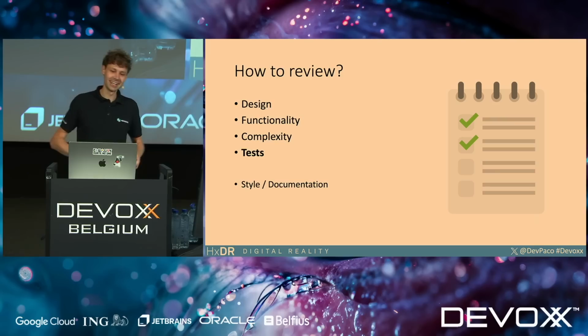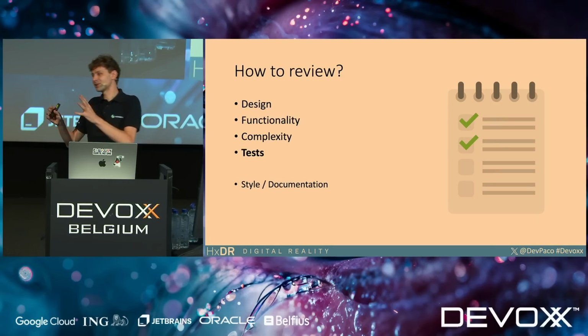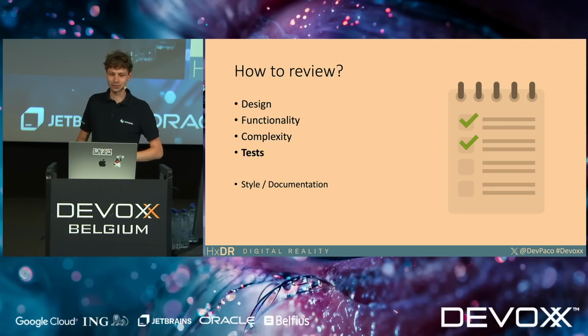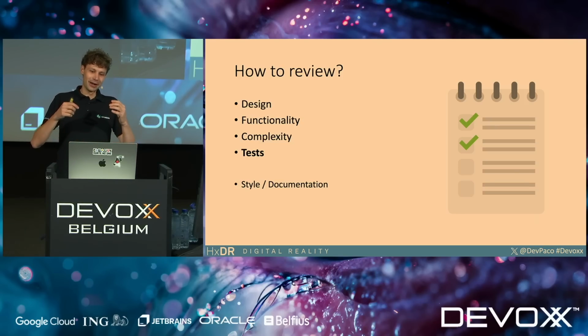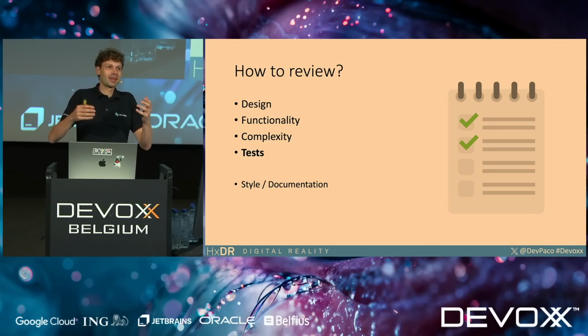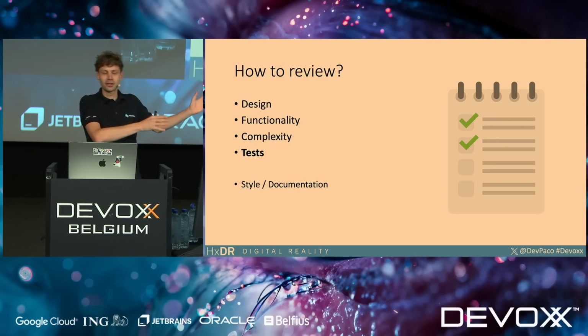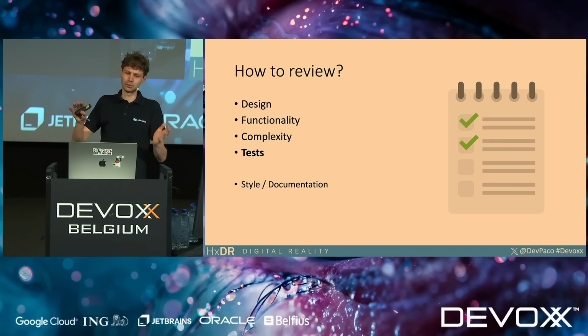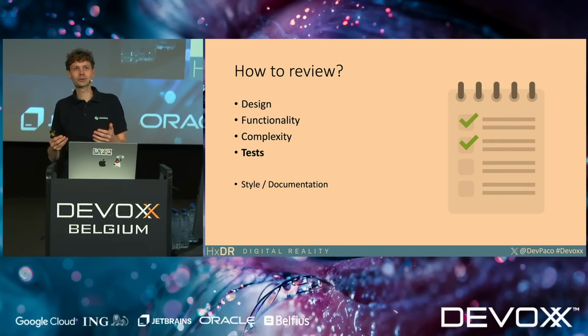Tests, right? Because the problem is that they always get the least amount of love. It's like the little kid that didn't get the attention from his parents that it needed. Because, oh, the tests are there, they should run, and they're also at the end of the pull request, so we just reviewed all the files, and then it will be fine. But a bad test suite will also affect you.